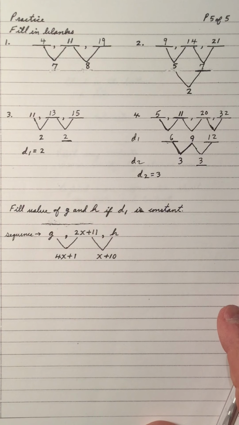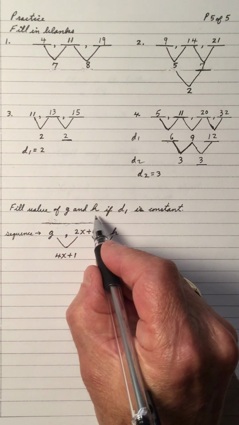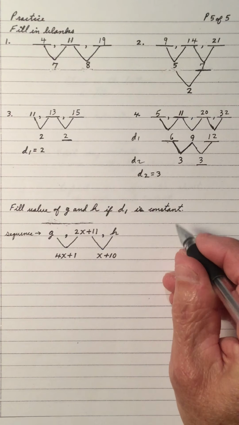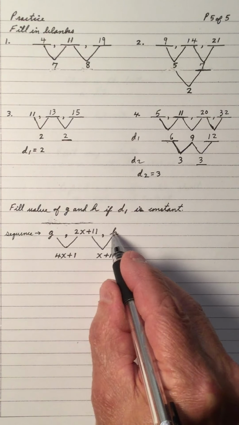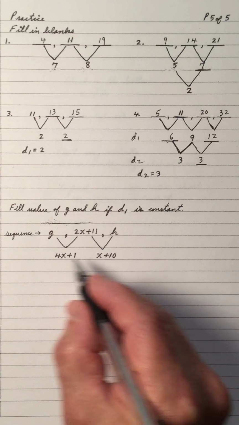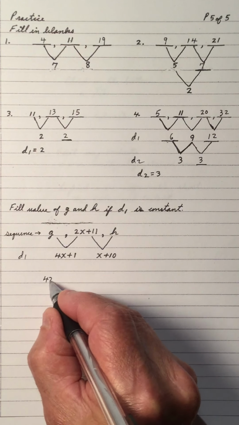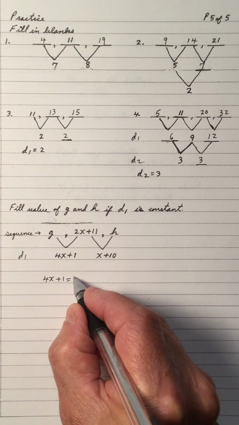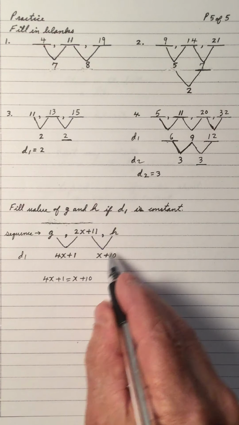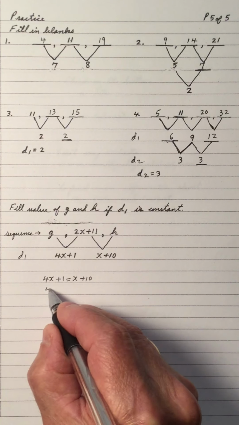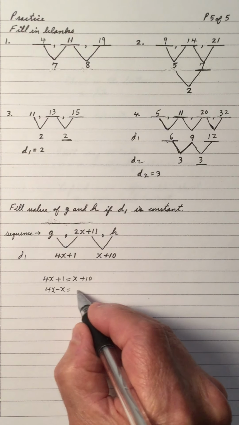And just to finish the level differences off, fill in G and H if the D1 is constant. The level 1 difference is constant. So here's your sequence. This is your level 1 difference. So if this is level 1 and it's constant, that means that 4x plus 1 is equal to x plus 10. So these level 1 differences are constant, they're equal. So 4x, move the x to the left side, change the sign.